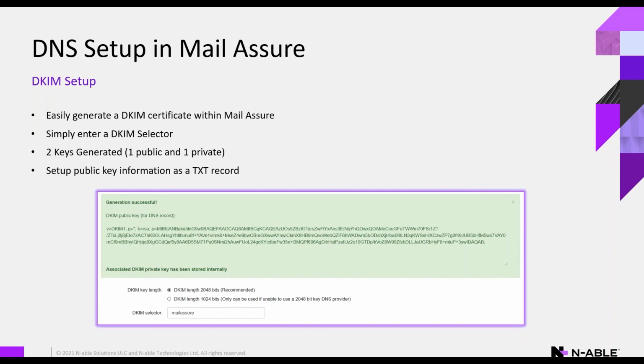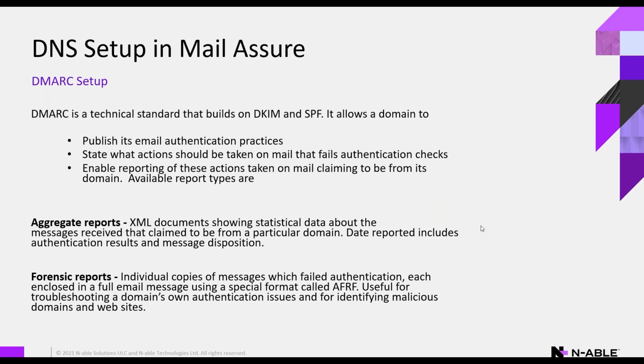And then the same with DMARC. It's a fairly straightforward process, but something worth extra mention about DMARC is that it gives you intelligence and knowledge. MailAssure and most other filtering solutions are going to have DMARC reports available.